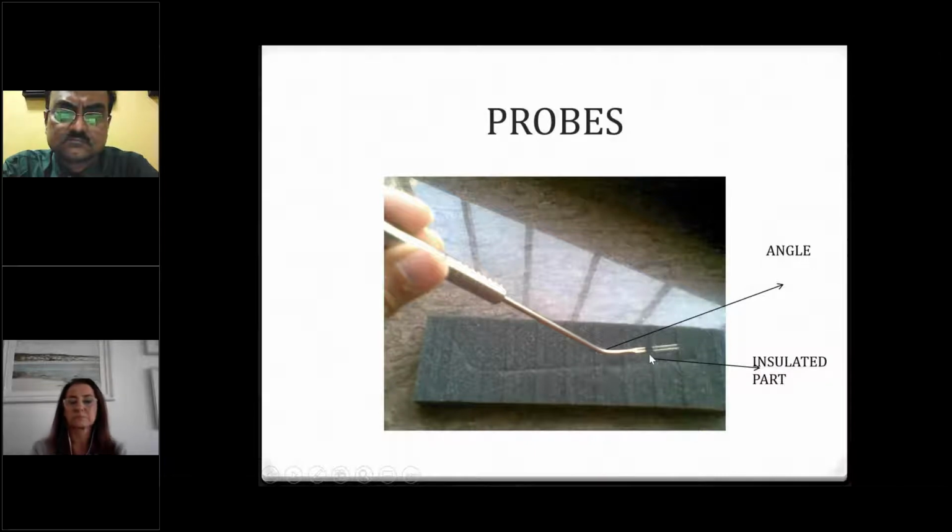Now, an important thing about this probe is that it is like a fork. Second, it is divided into two parts: this distal non-insulated part and this dark or black insulated part. The distal non-insulated part is the part which we introduce inside the tissue, and it is introduced up to the distal part of this black dark portion.